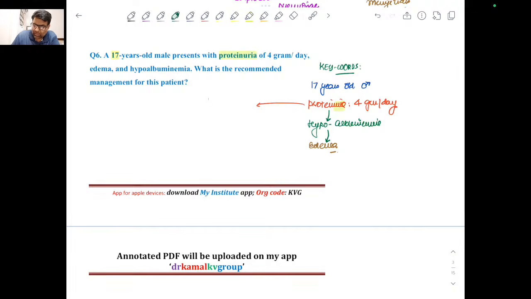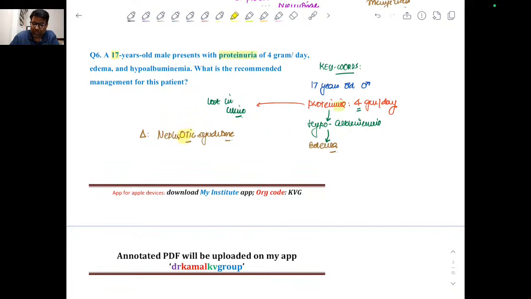So it is lost in urine and the magnitude is 4 gram. Now this all classically, I think most of you can make the diagnosis. This is nephrotic syndrome. Clear? So this is nephrotic syndrome, right? That's very important.